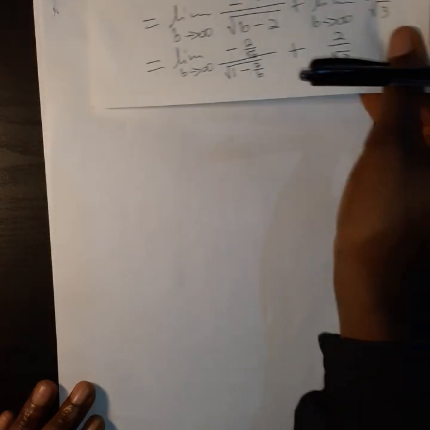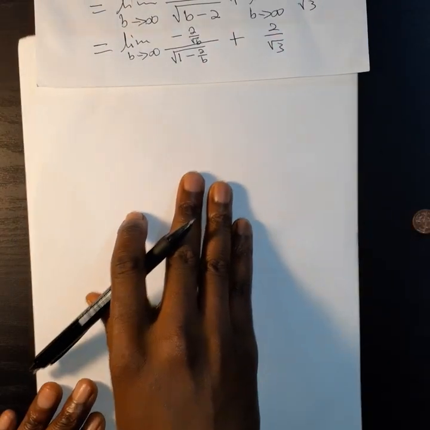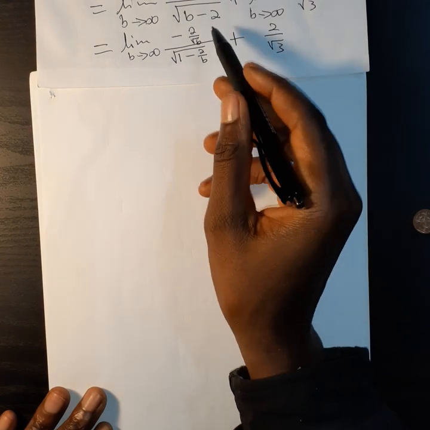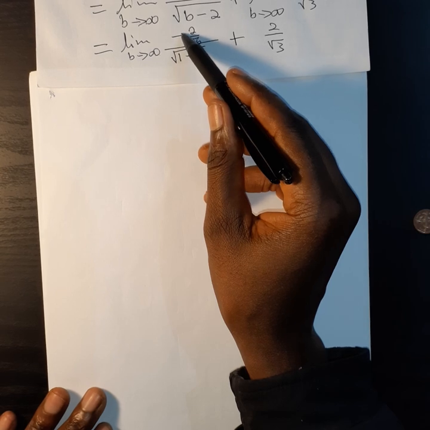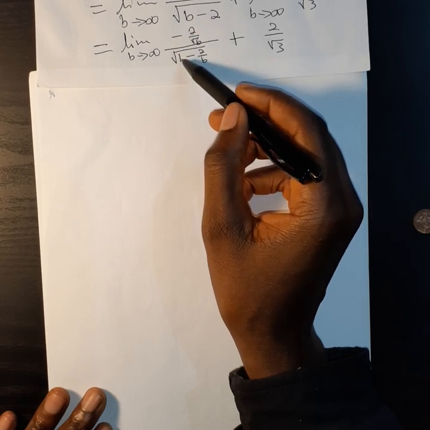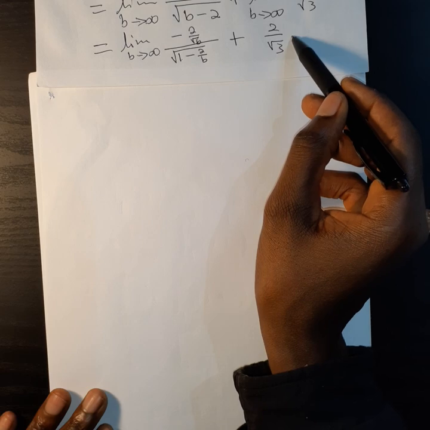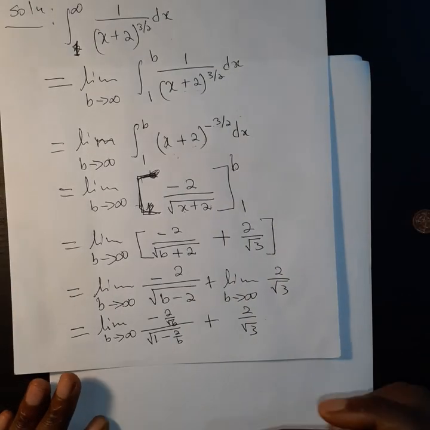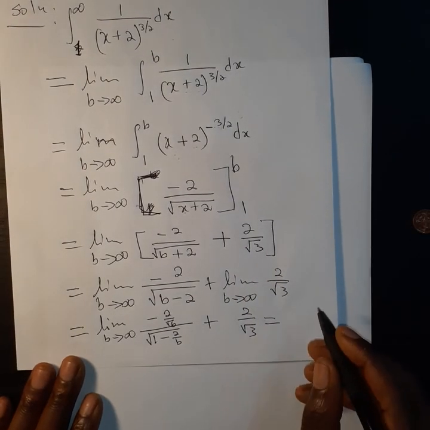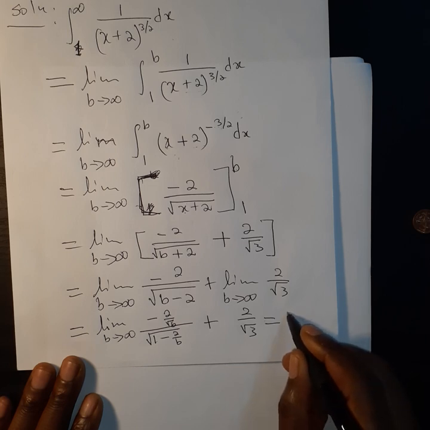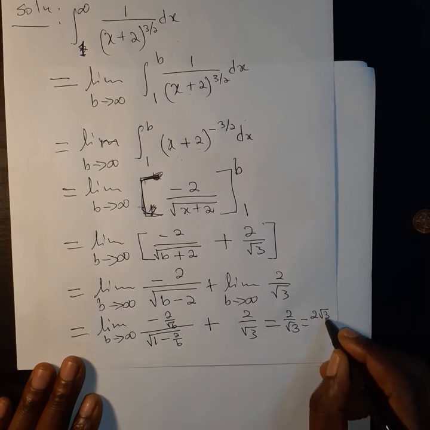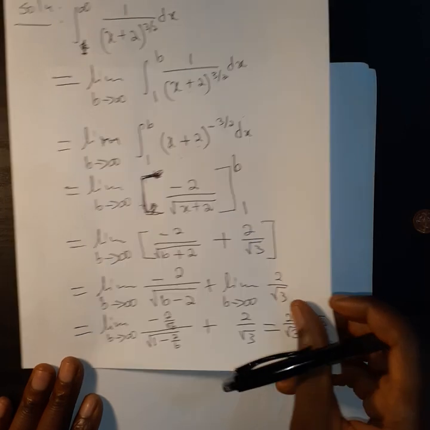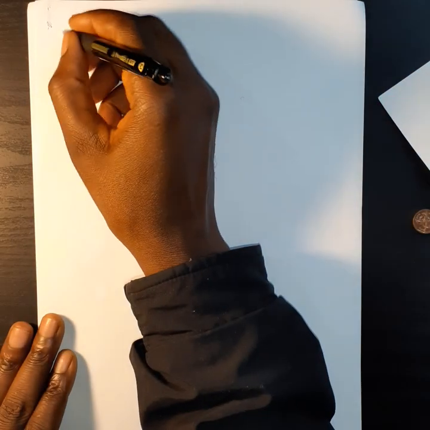So when we substitute infinity here, this will be 0, this will be 0, so it's 0 over the square root of 1, which is 0, and then plus that. So basically the answer here is simply 2 over root 3, which is the same thing as 2 root 3 over 3, like that. So let us take another example.